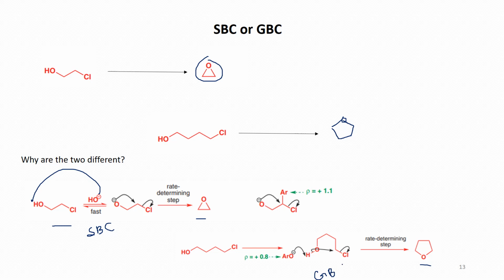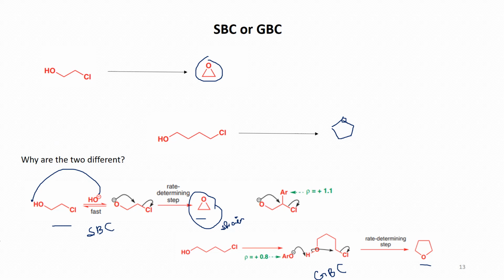Why this discrimination? Because here you can see the product is highly strained. That's why our intermediate or transition state is also a strained transition state. Therefore, the transition state has too much strain in itself, and because of that it's very reluctant to take place in a reaction.